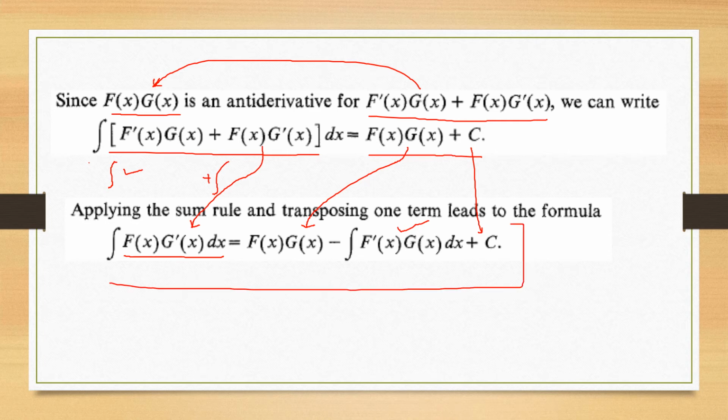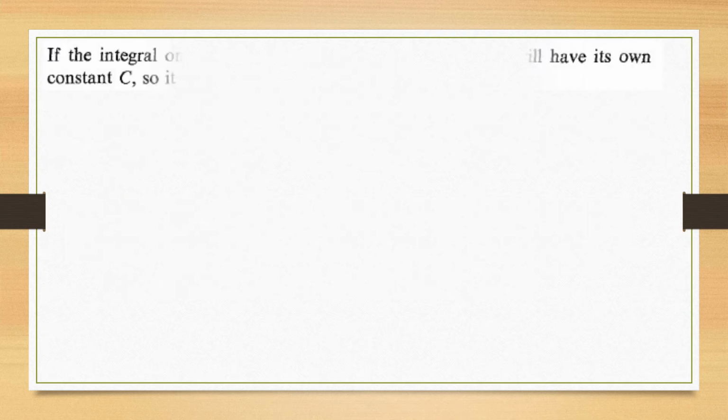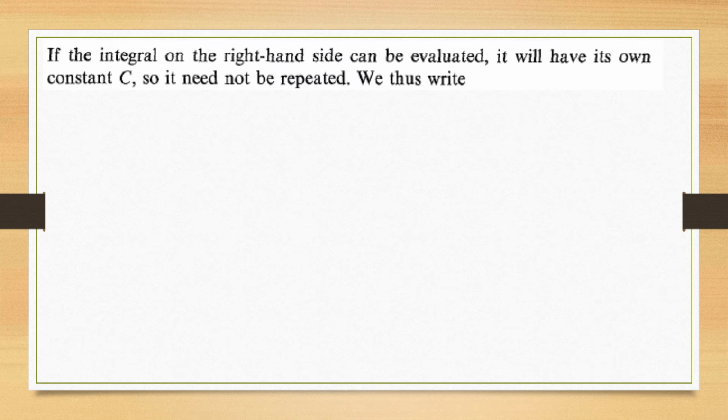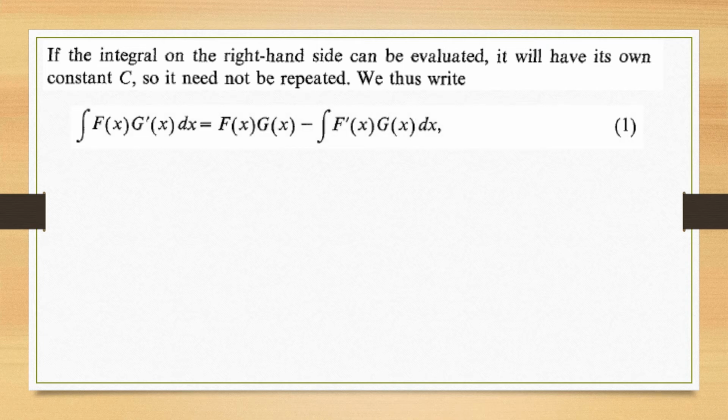We can use this for integrating by parts. If the integral on the right hand side can be evaluated, it will have its own constant, so it need not be repeated. We thus write it in final form.